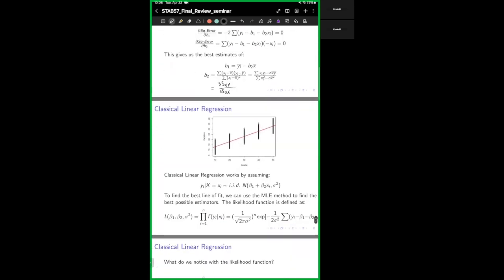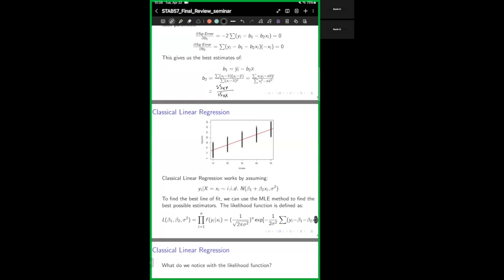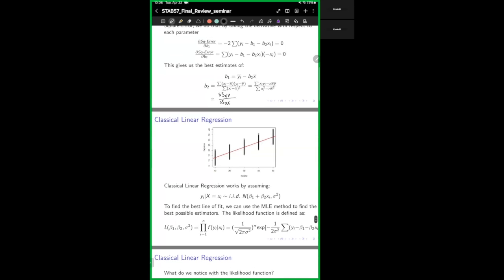So in terms of simple linear regression, we assume that yi given x equals xi is iid normal with mean beta1 plus beta2 xi and variance sigma squared.